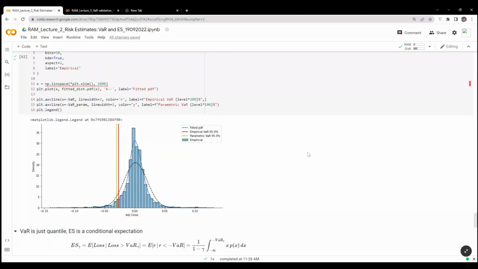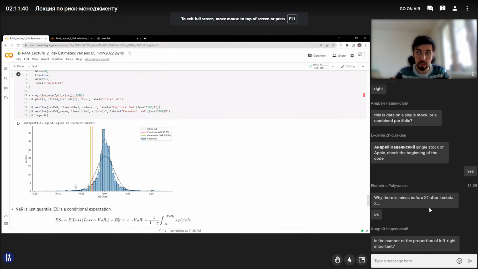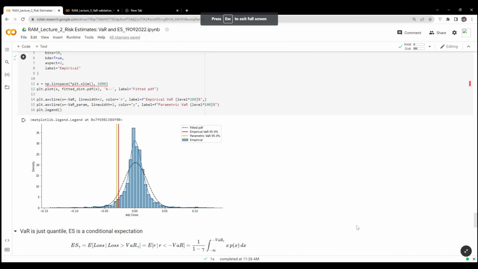Is the number of proportion on the left important? Yeah, absolutely. So for example, if I add any extra observation on the left, the balance of the observations worse than the current estimate of VaR, and observations better than the current VaR will change, and probably that will shift the value at risk estimation to a different point.